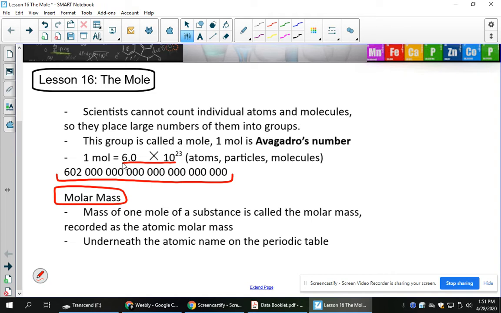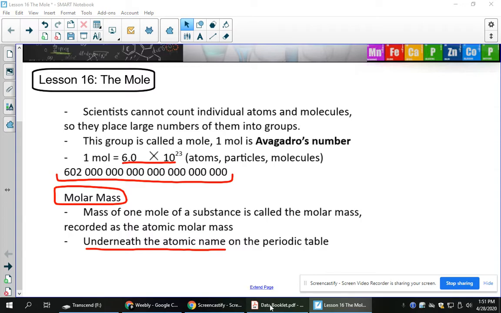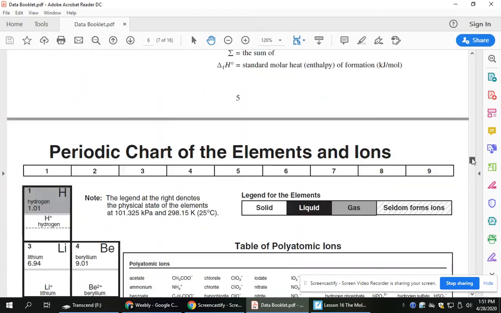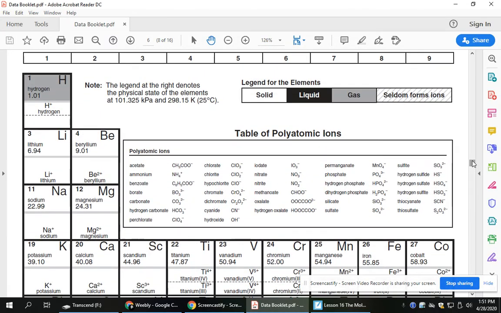Now, underneath the name on the periodic table, you're going to find the molar mass of elements. So let's go to our data booklet. Let's all go to this page on the periodic table, and we'll take a look at some molar masses. So right underneath the name, let's start at hydrogen, is a number usually with 2 decimal places. So 1.01 for hydrogen.